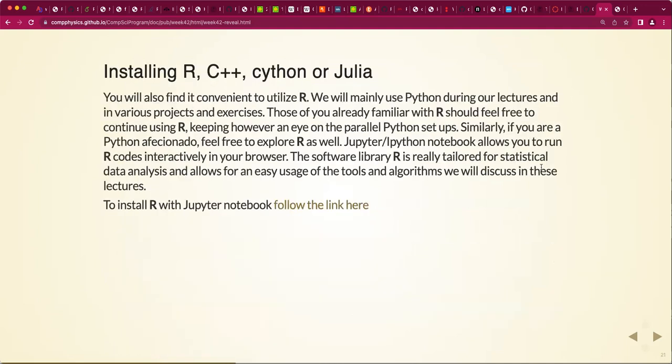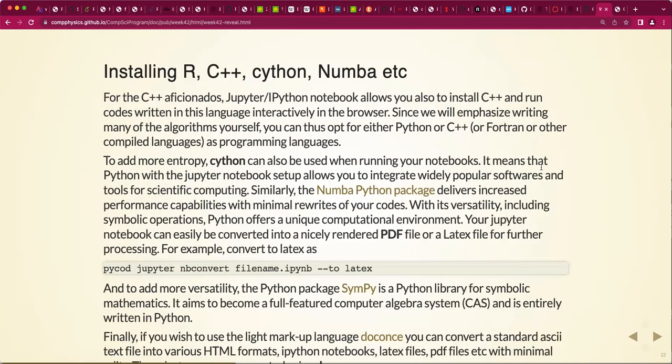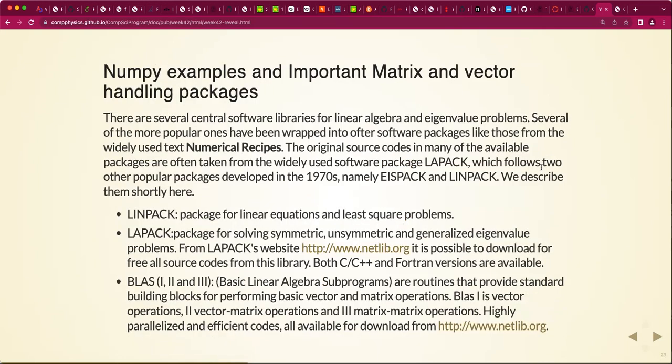So here in the beginning, you will find some practicalities, installing R and C++, Python. There are numerical packages and important libraries for linear algebra. And one of these is called LAPACK, which is linear algebra package. And that links with something which is called BLAS, which stands for basic linear algebra subprograms, which essentially deals with efficient matrix-vector and vector or matrix scalar multiplications.